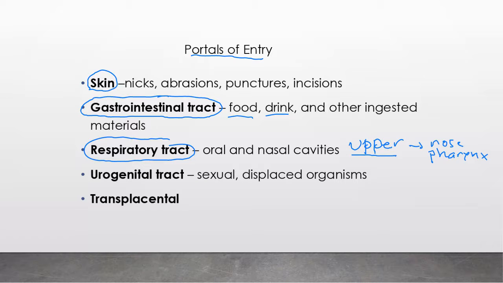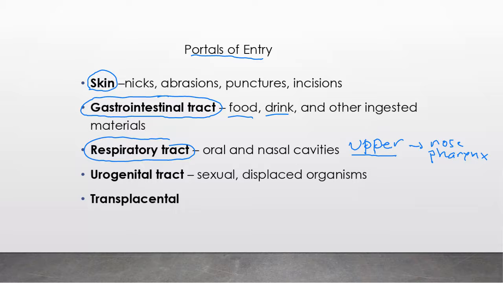The lower respiratory tract is usually sterile, like the lungs and the alveoli, which all have to be sterile. So only the upper respiratory tract is considered a portal of entry for microorganisms.